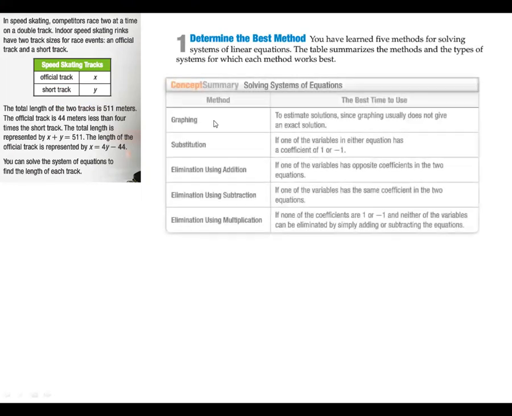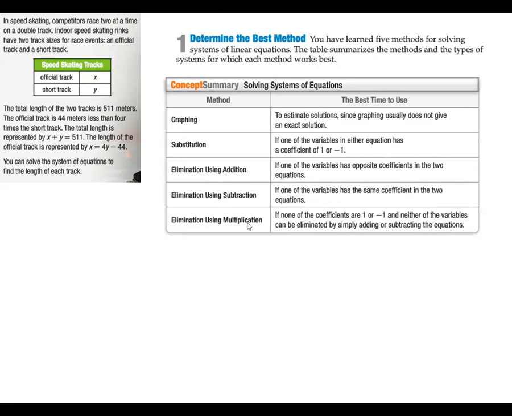Now the question is, which method should I use? We've learned 5 methods for solving systems of linear equations, actually, if you break it all down. We've learned graphing, substitution, elimination using addition, elimination using subtraction, and elimination using multiplication.